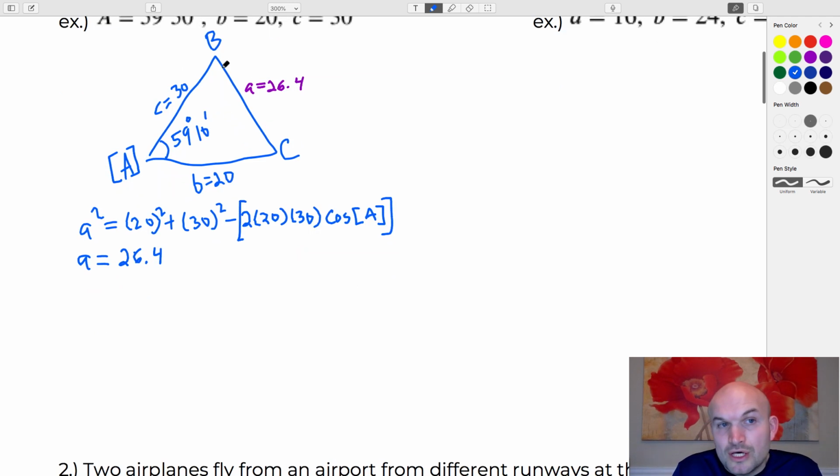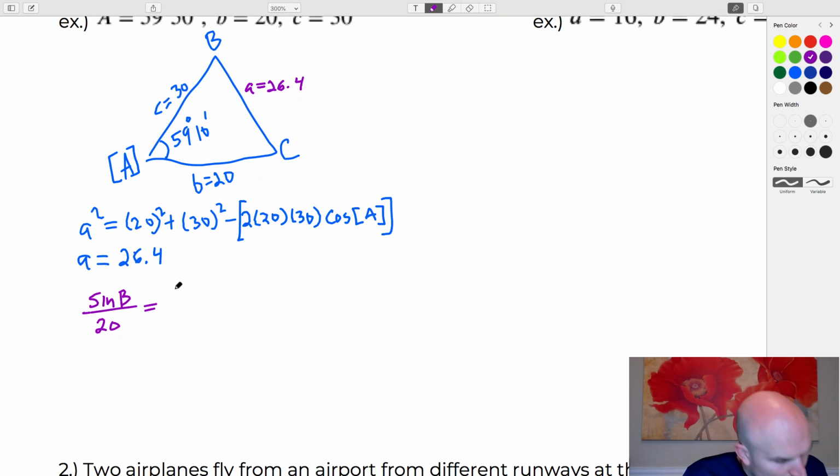Now, again, using the law of sines, I'm going to be looking for B. So I'll actually do this in purple again. So therefore, we'll say sine of B all over 20 is equal to, let's see here. Oh, did I not store? So here's my new angle A, right? Now, I'm going to store this.